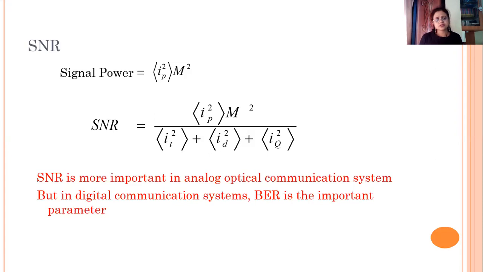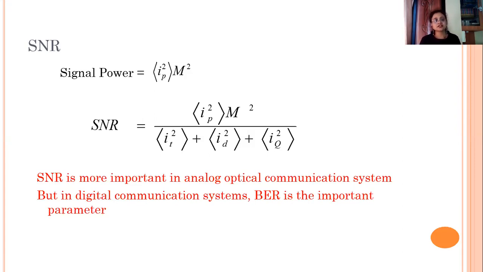And this signal to noise ratio, from your knowledge of analog communication, is very important considering the analog system. So when you talk about optical communication systems which are analog, we generally refer to signal to noise ratio.